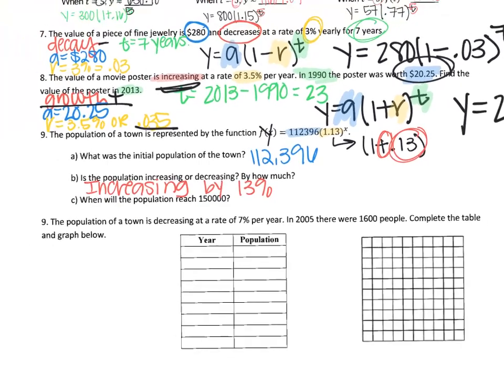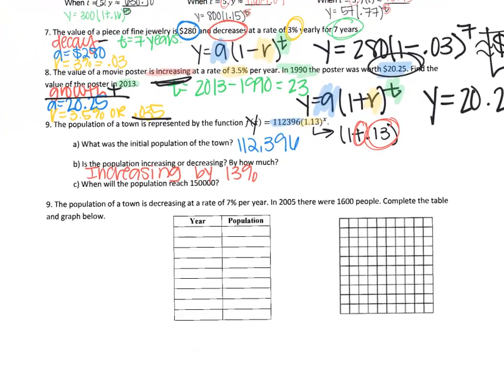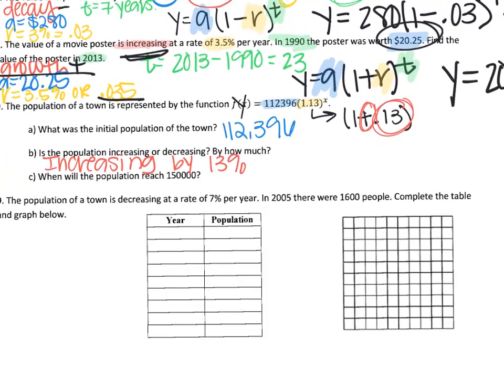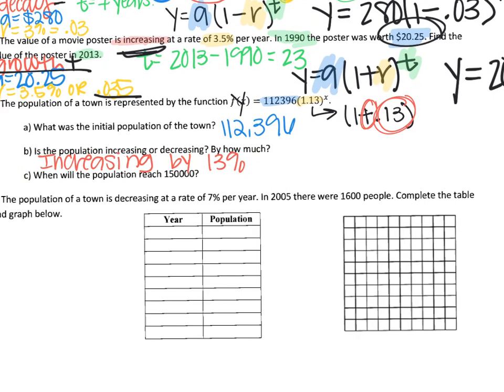And it wants to know, when will the population reach 150,000? So we want to plug in 150,000 for y, because that's the population. 150,000 equals 112,396 times 1.13 to the x.